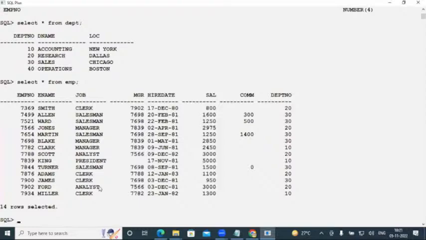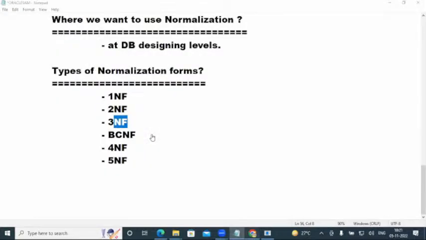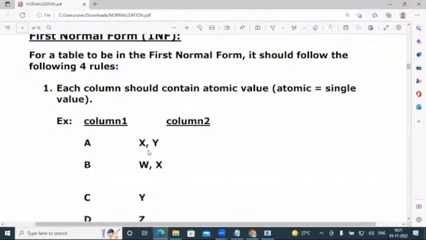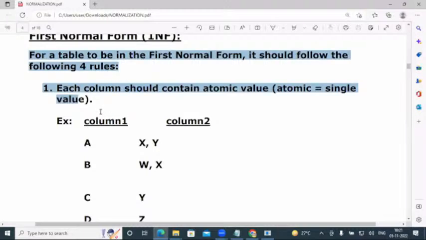So this is called a normalized table. That is the reason user-defined data types are not used in SQL.